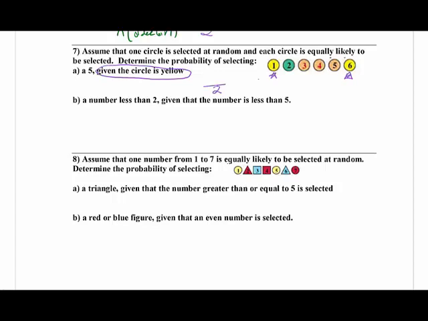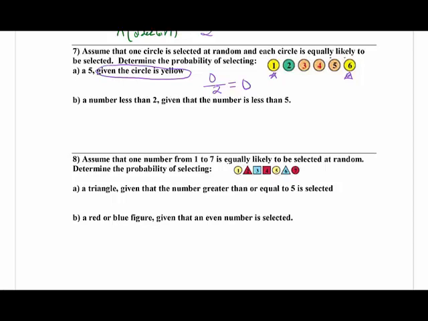Out of those 2 yellow circles, can I get a 5? My answer should be no, because the orange is the 5. So saying that out in words, it would have been the cardinality of 5 and a yellow divided by cardinality of a yellow.